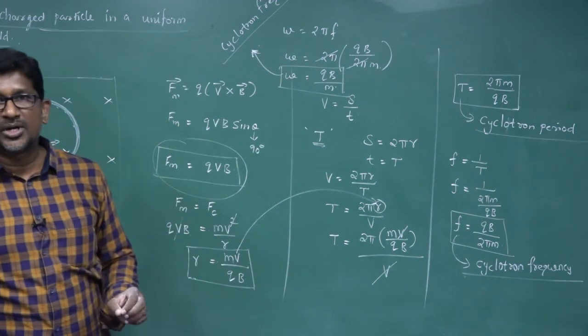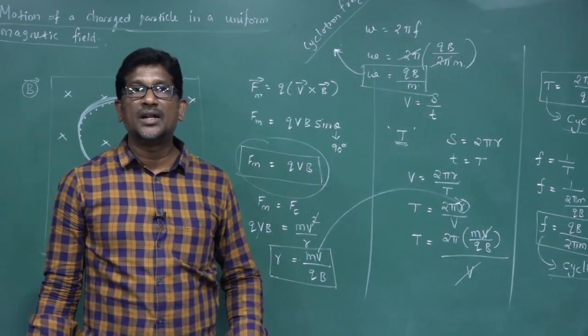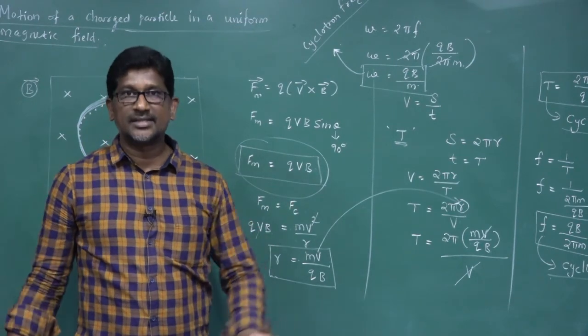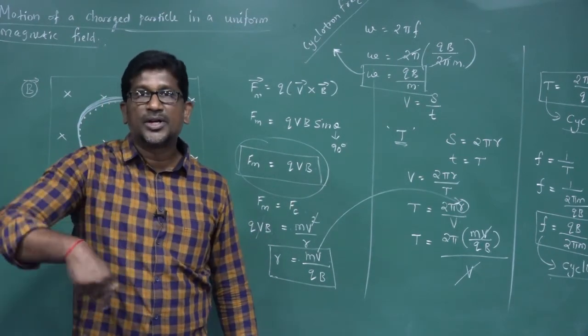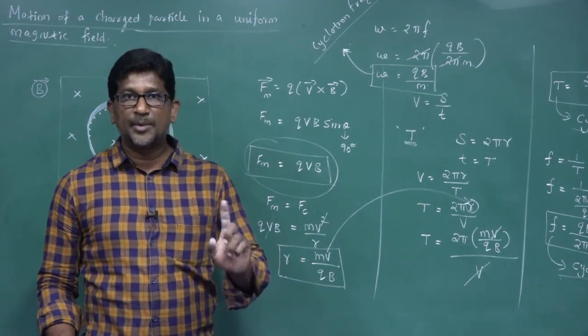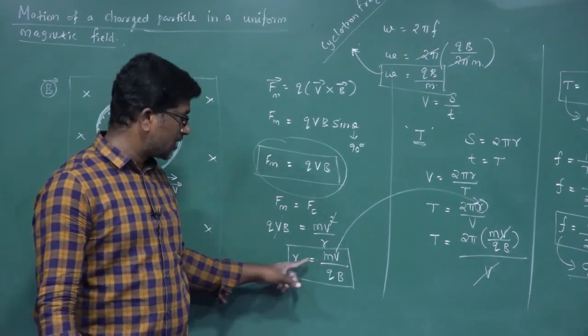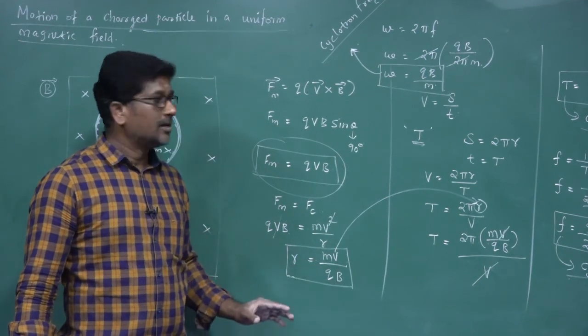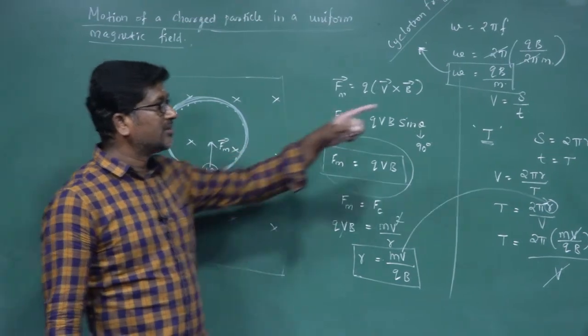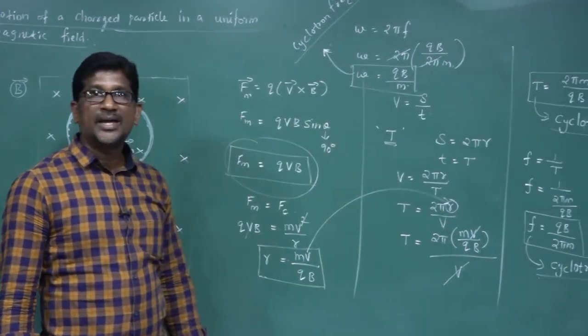If any charged particle moves perpendicular to the magnetic field, it experiences a maximum magnetic force which acts as a centripetal force, so that the charged particle moves along a circular path. The radius of the circular path described by the charged particle is given by R equal to mv divided by qB. The time taken by the charged particle to complete one revolution is given by T is equal to 2 pi m divided by qB.